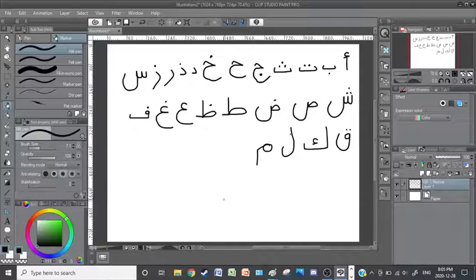Next letter is the N letter, and that is a U-turn below the line with a dot either at the opening or at the top. Some people write it within the U-turn. It is up to you. For the sake of this tutorial, I will leave it at the opening.